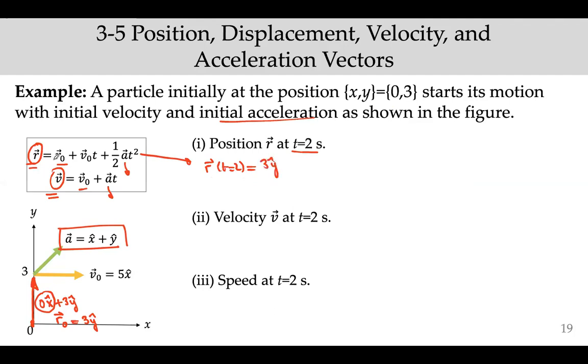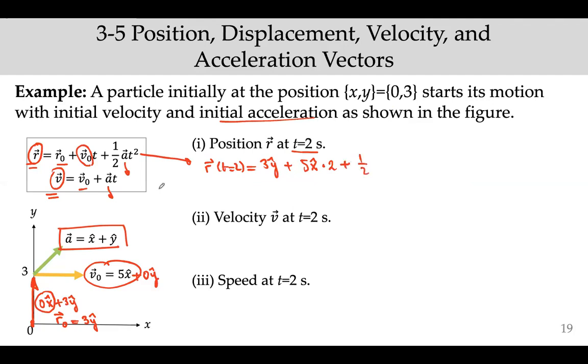This is the initial position. Now, what about the initial velocity? Again, remember, this is a vector, so I have to write this vector. If you are wondering where is y hat, well, it is there, but it's multiplied by 0, so you don't have to write it. So it's going to be 5 x hat. I'm going to multiply it by time, which is 2 in this problem.